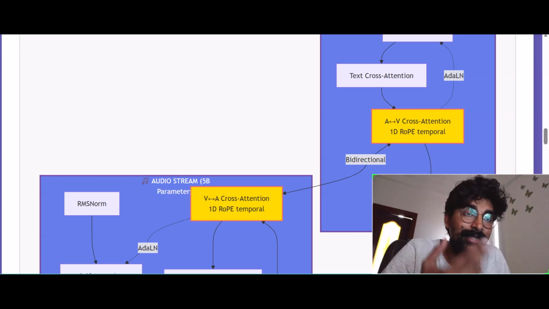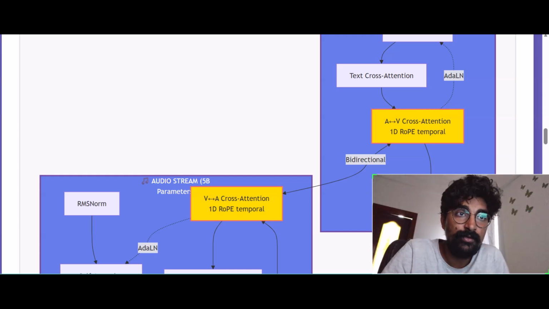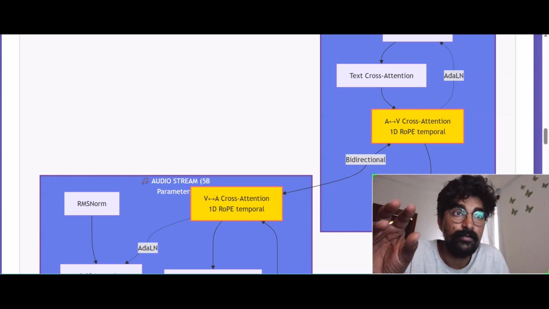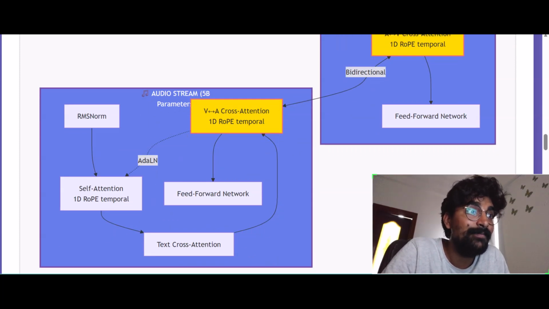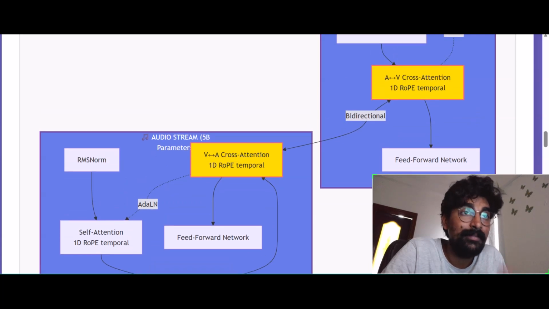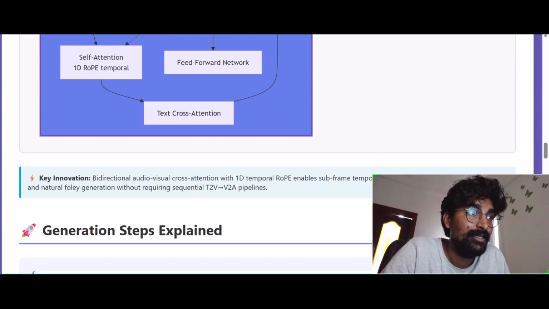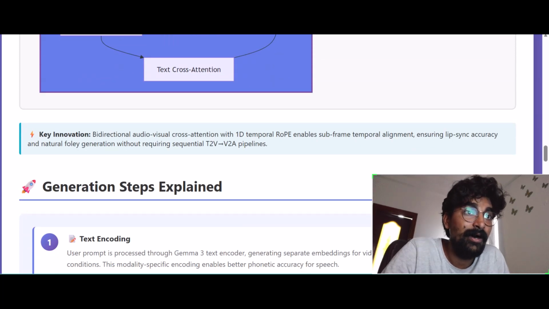So you swap it, and that's why cross attention is applied here: audio attends to video, and vice versa, video attends to audio. So this is called a bidirectional attention mechanism here.